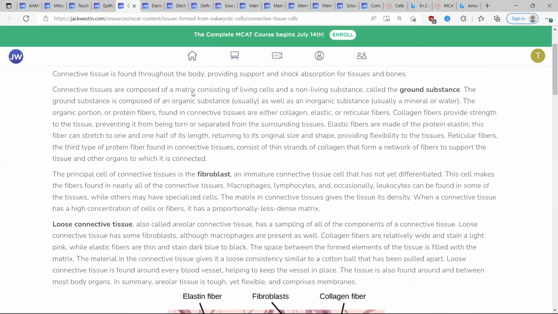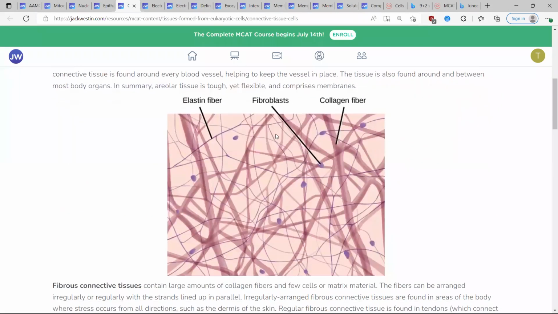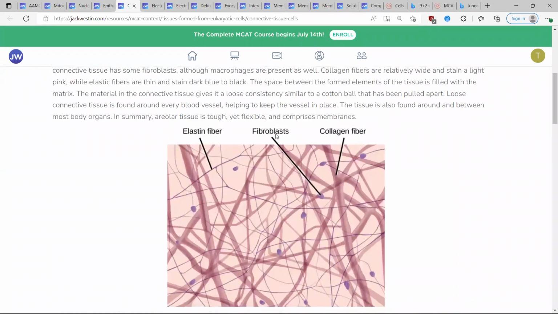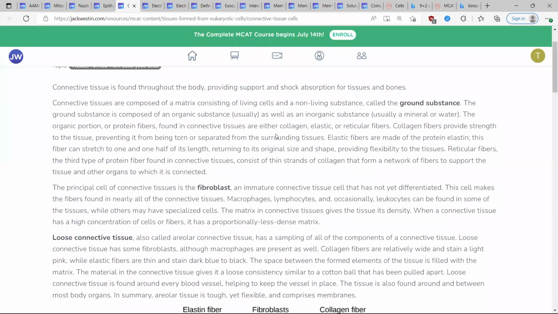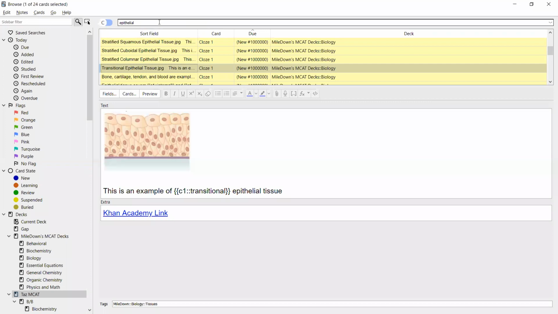Connective tissue is another type. It's basically a bunch of fibers.